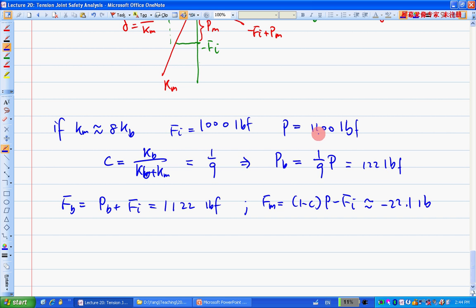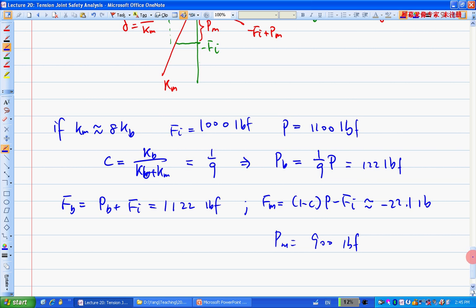This is your original P, this is Pb, so how much is Pm? It's this value minus that value, which is almost 900. So basically, most of the external load is going to be taken by the member.